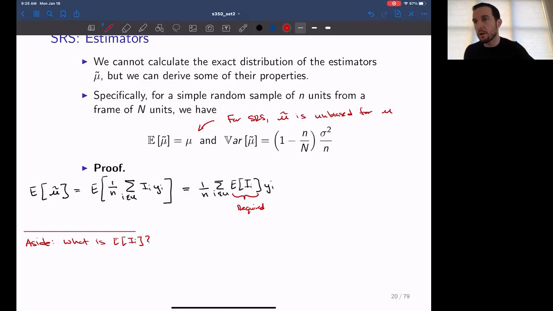We want to work out the expected value of I sub i.